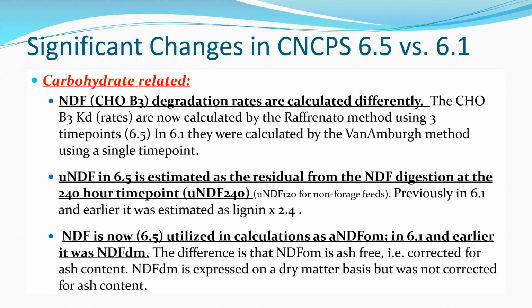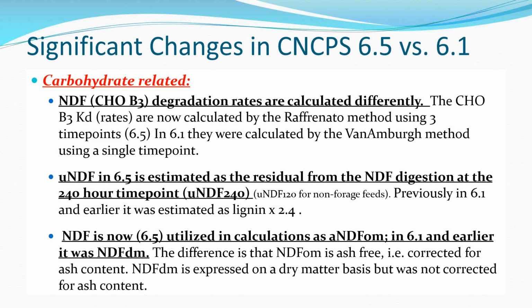The time point values will show up on those samples. The KD for NDF will not show up on those. If you see a KD for NDF on a sample, it is calculated using the old system, the Van Amburgh system, with the single time point. And we'll show you in a minute where the KD is calculated in NDS.